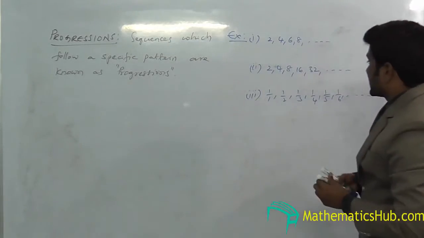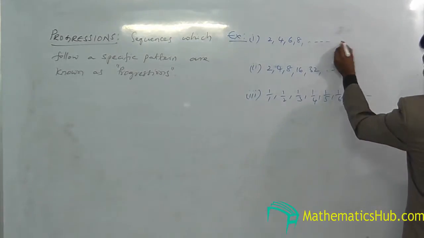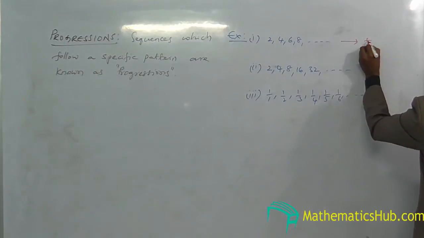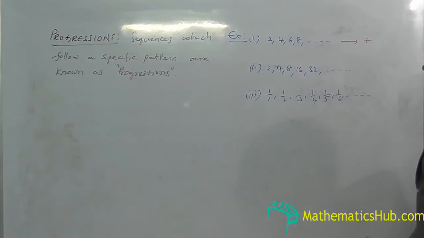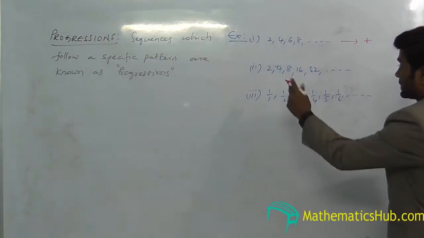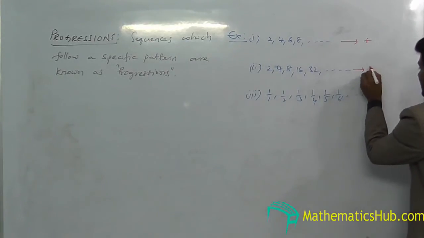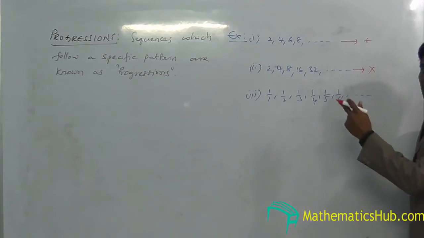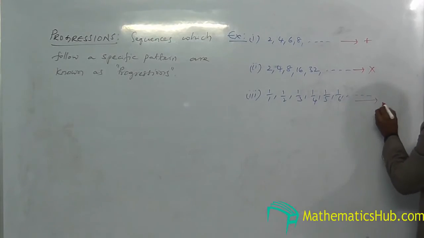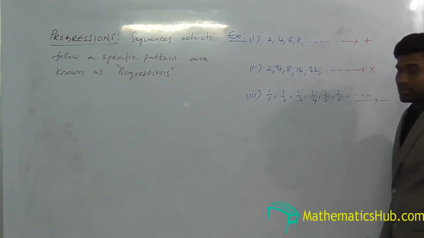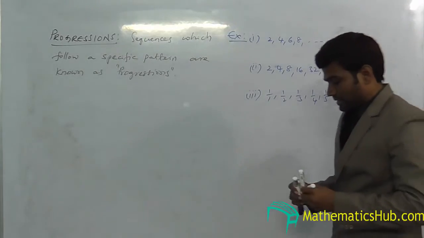If you observe these examples, the first one I can say is a plus kind of pattern, an addition kind of pattern. The second one I can say is a multiplication kind of pattern, that is into kind. The third one I can say is a division kind of pattern, that is divided by.